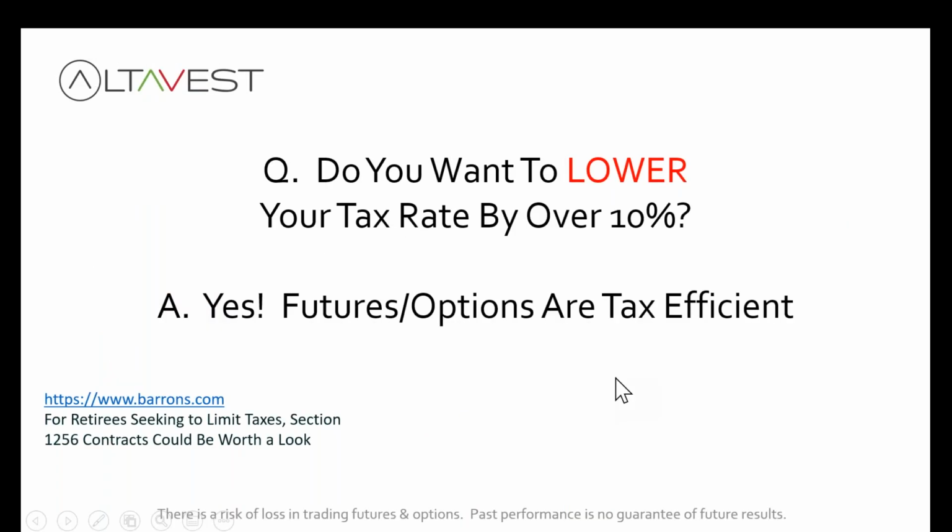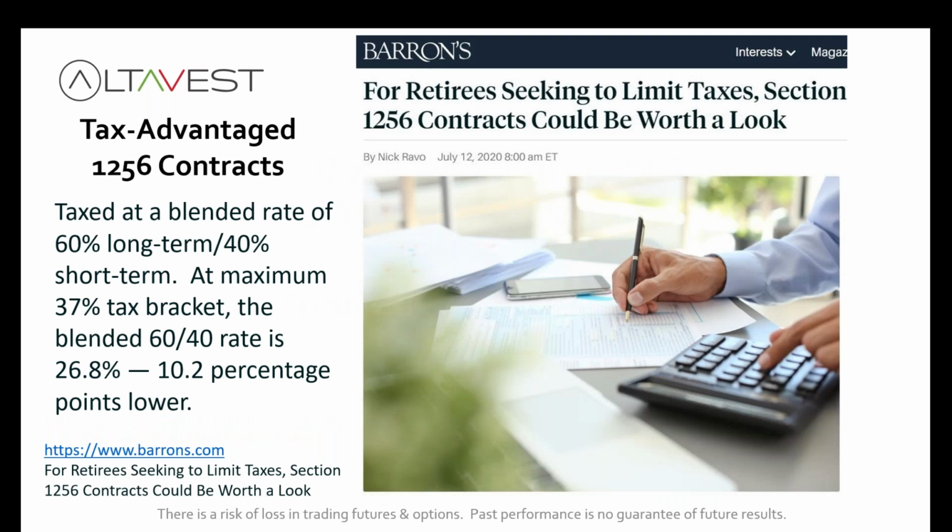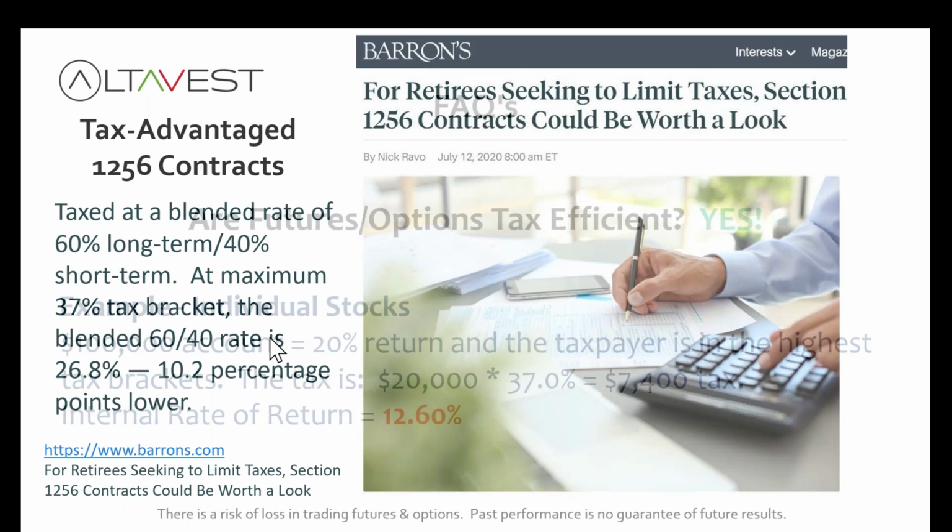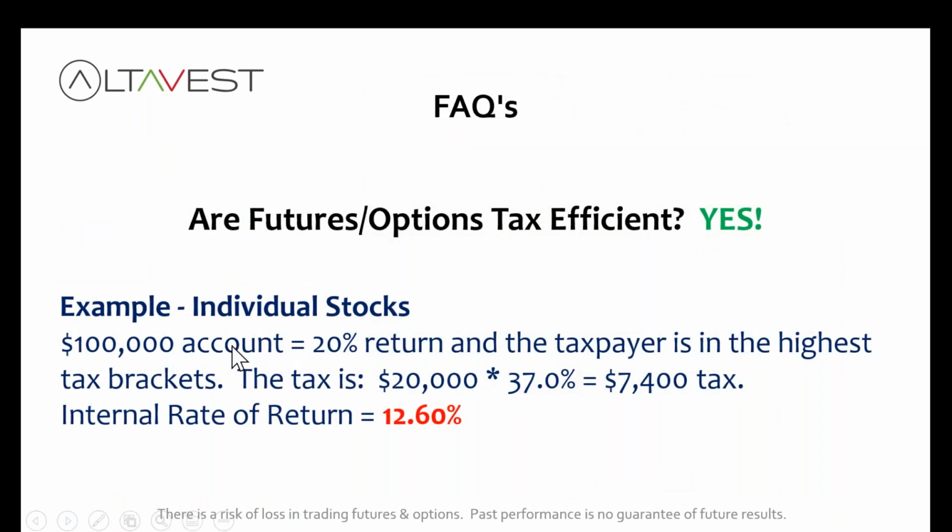Couple comments and questions here in the Q&A. How do you lower your tax rate by over 10%? Well, if you trade futures and options, they're tax efficient. They're what's called 1256 contracts. If you're not familiar with that, they're simply treated differently. Your gains and losses are treated differently compared to securities. So if you're trading individual stocks, you have a $100,000 account with a 20% return, that's a 12.6% rate of return.